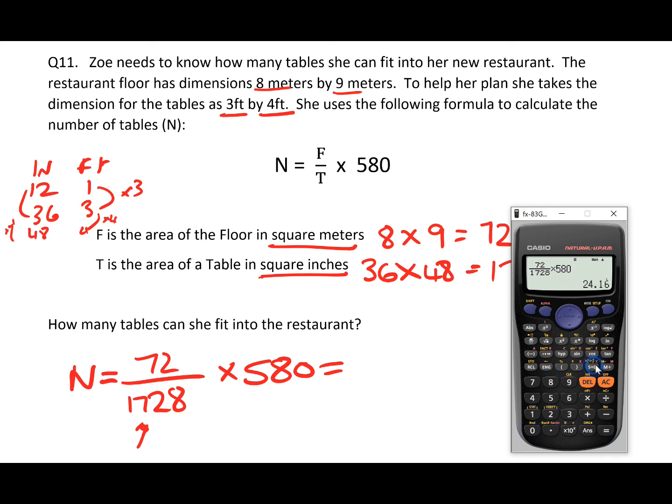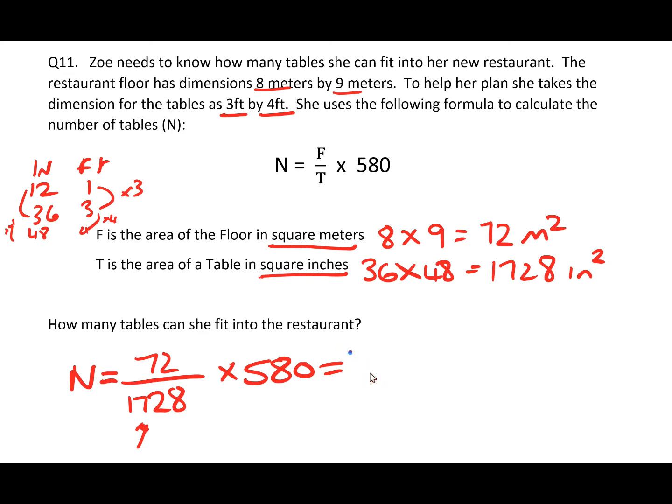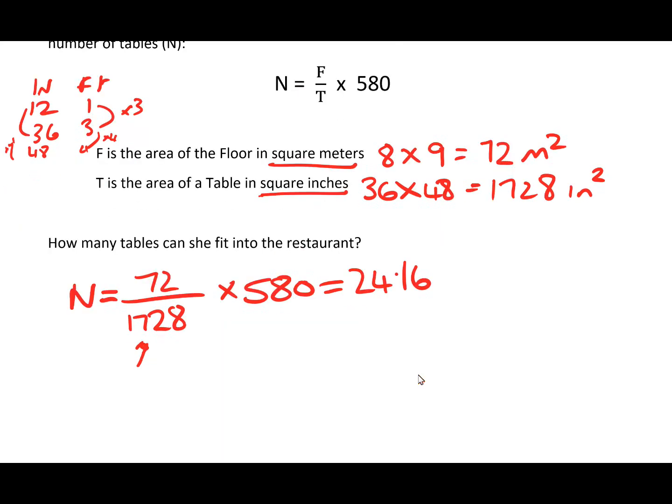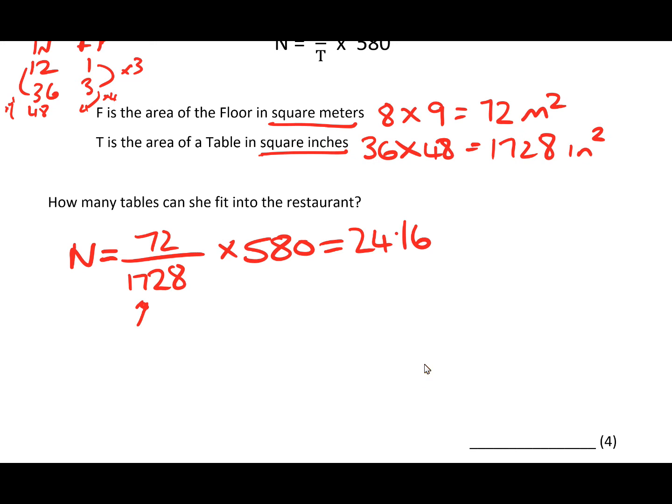Press the SD button and we have 24.16. That's what our calculator says. So to put the answer on the answer line, you're going to need common sense. We can't have more than 24 tables, so rounded 24 tables will be our answer. So 24 tables goes on the answer line.